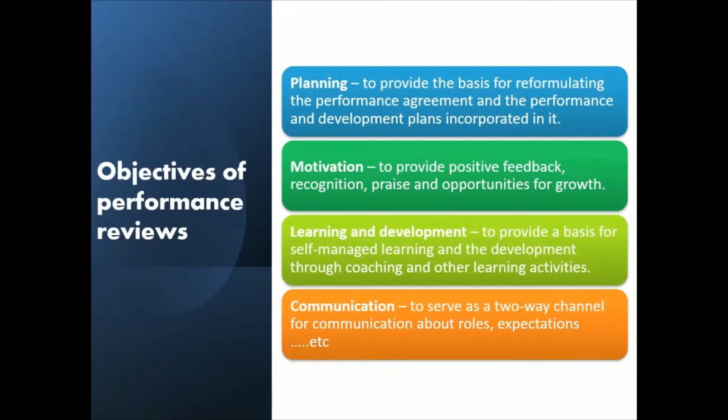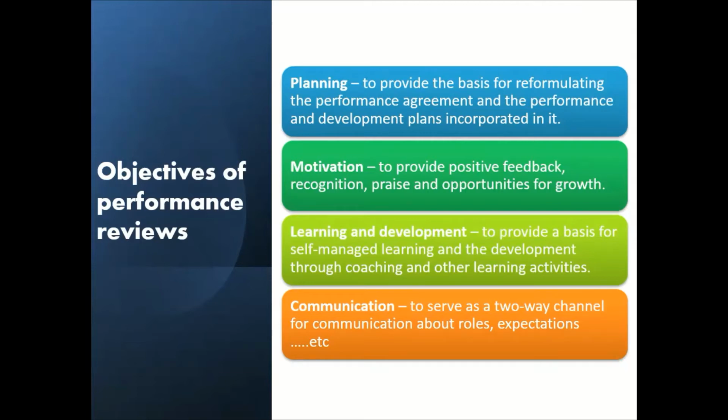And then learning and development, to provide a basis for self-managed learning and development. As we discussed throughout, these human resource management policy areas are linked together. That is called alignment. So performance management is aligned with the learning and development process.